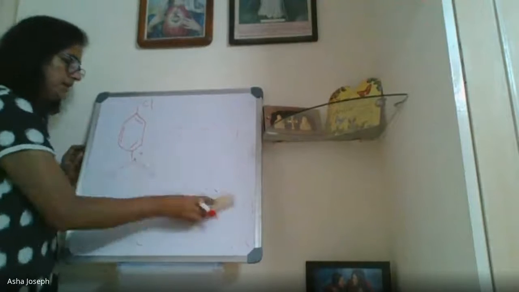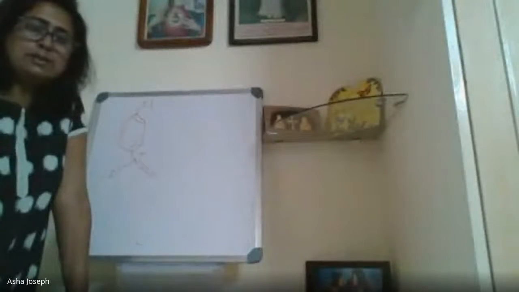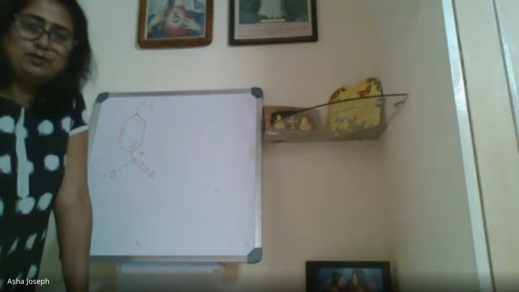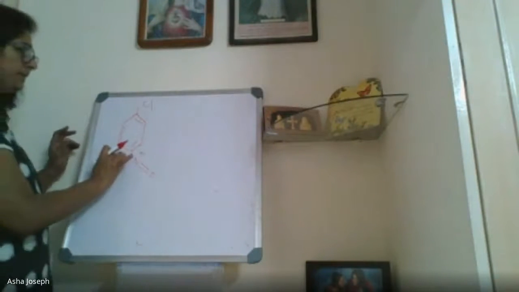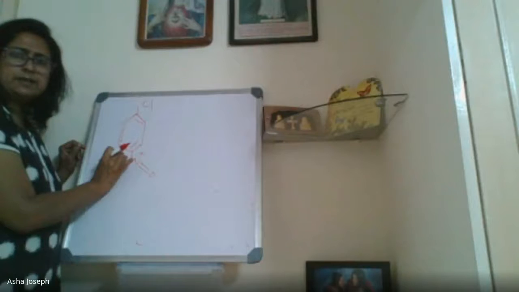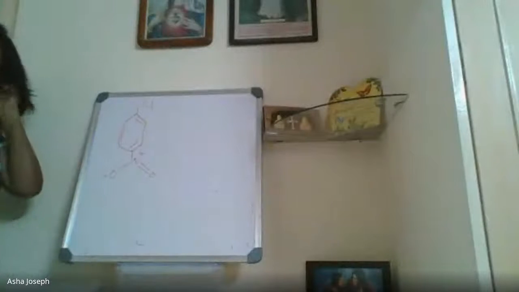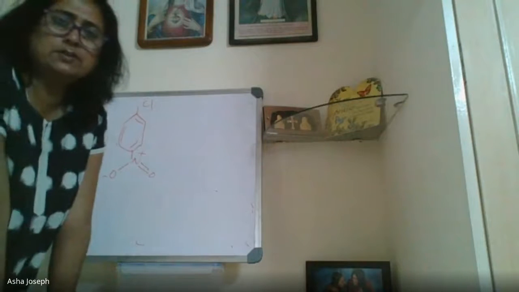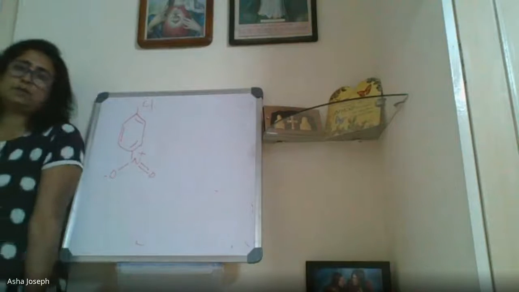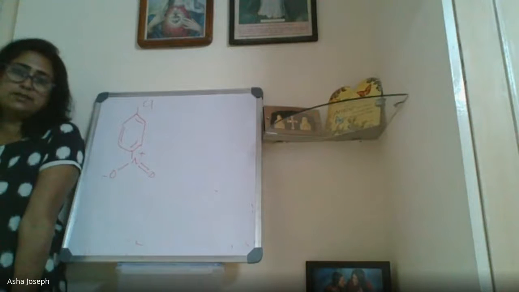Okay. Now I am going to explain. The reason is NO2 at ortho or para position withdraws electrons from the benzene ring. I am showing how it is withdrawing. This is para, isn't it? And you know that chlorine is having 3 lone pairs of electrons, and chlorine is having 2 effects. One, it will withdraw electrons, so chlorine is an electron withdrawing group.